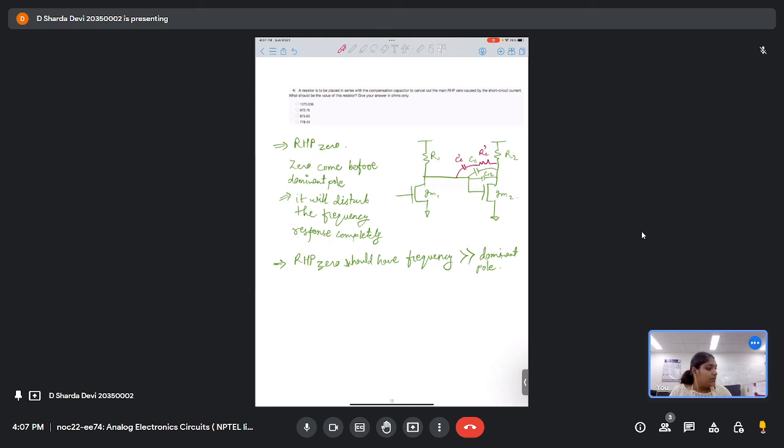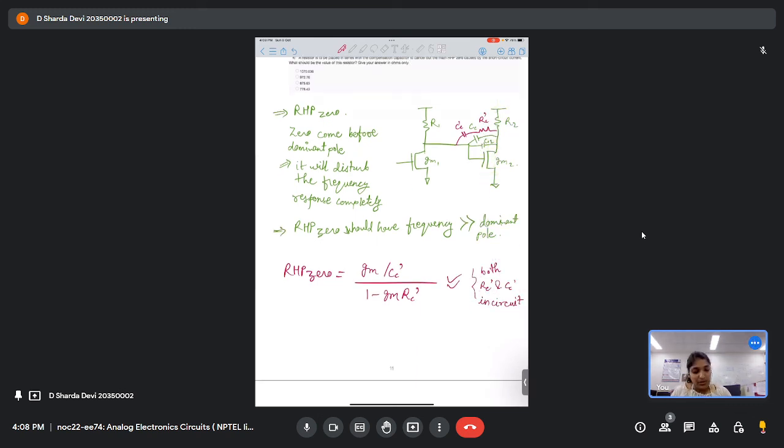So the expression for the RHP 0 turns out to be Gm by Cc dash upon 1 minus Gm Rc dash. So this is the formula when we have both Rc dash and Cc dash in the circuit.